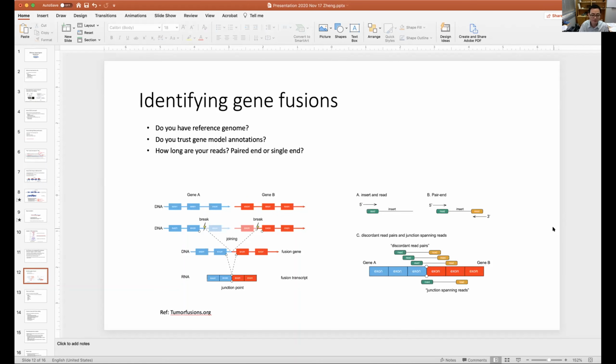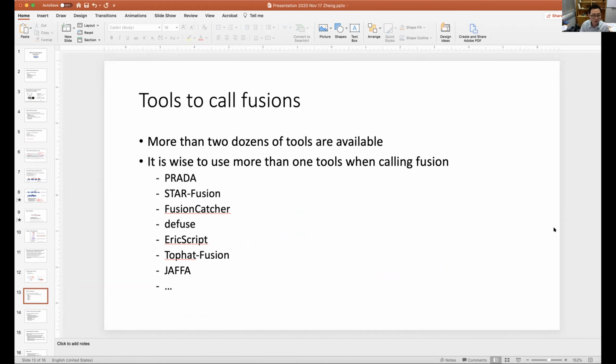So we typically rely on these two pieces of information to tell whether there is a fusion between gene A and gene B. But the issue with gene fusion is not finding the proper candidate. You always find candidates. The issue is almost always how you filter out potential artifacts.